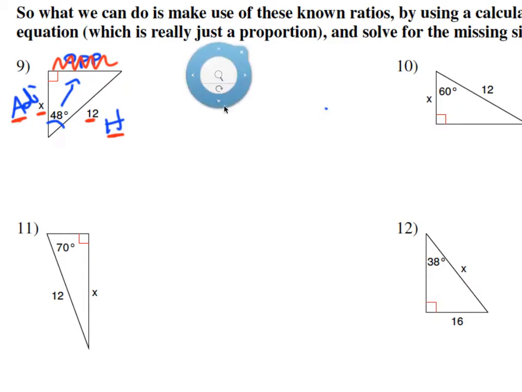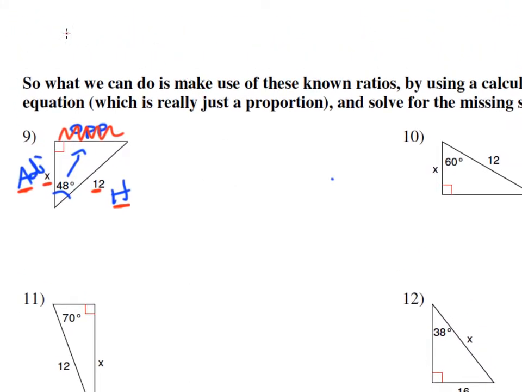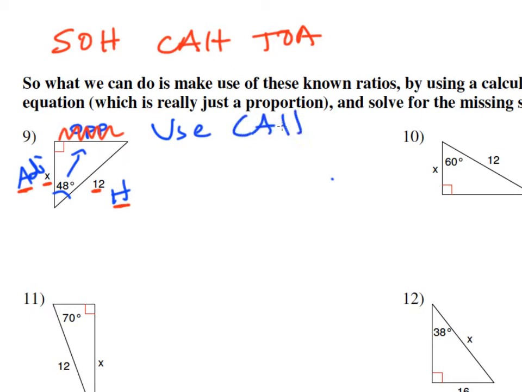Actually, you should write SOH CAH TOA right above here. Which one uses A and H? It's this one, CAH. We're going to use CA, cosine.